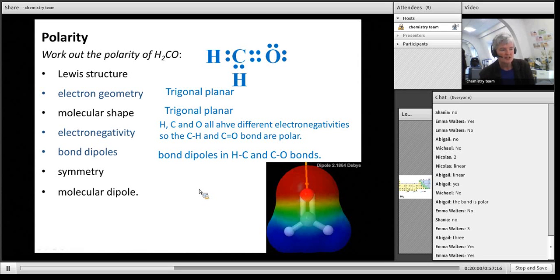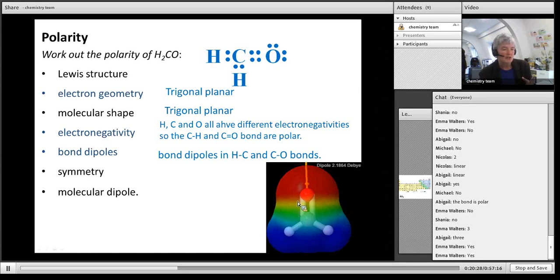So there's a bond dipole going from the hydrogen to the carbon, and another bond dipole going from the hydrogen to the carbon, and a third bond dipole going from the carbon to the oxygen. And if I add all those vectors up, all those bond dipoles up, I'm going to have a much more negative charge over here where the oxygen is.